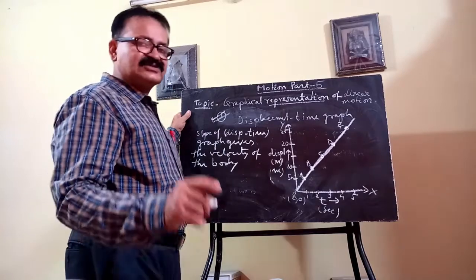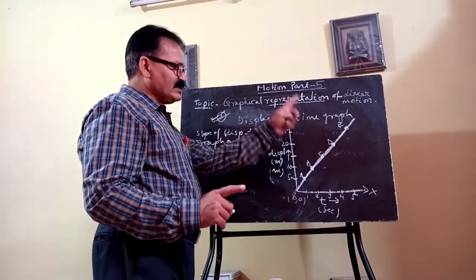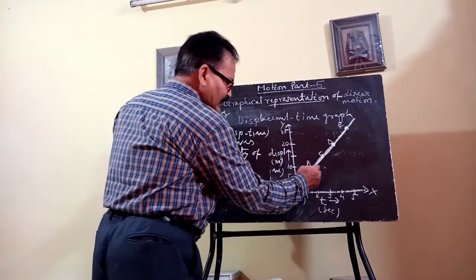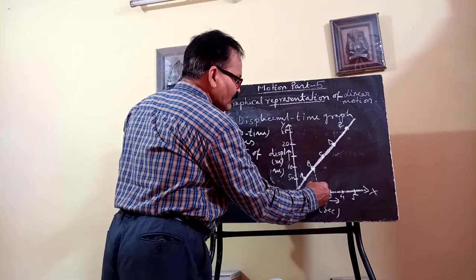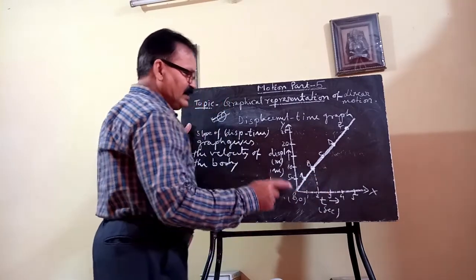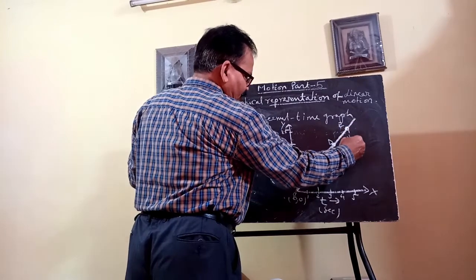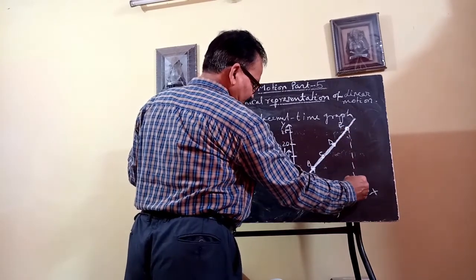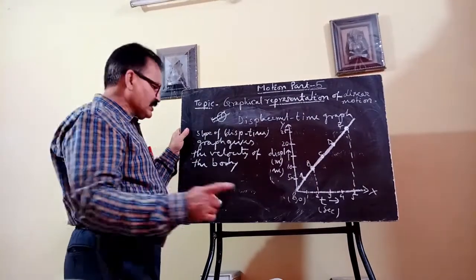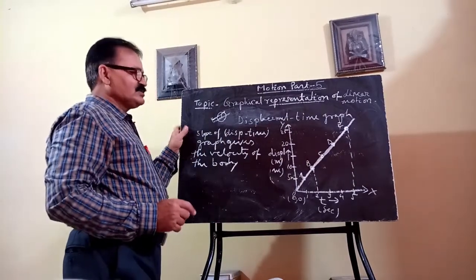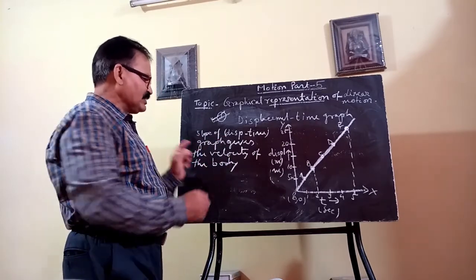So to find the slope, we consider 2 points on this graph. Suppose you have taken the point B, you draw a vertical line, and you take another point E and draw the vertical line from E. Our target is to find the slope, so that we can obtain the velocity.